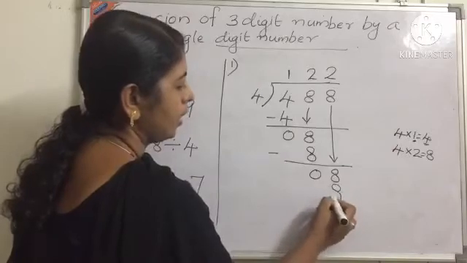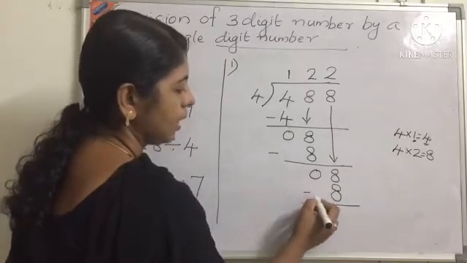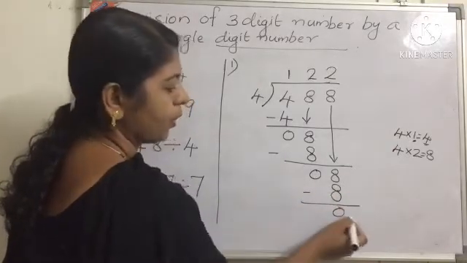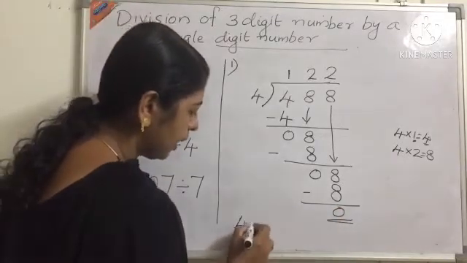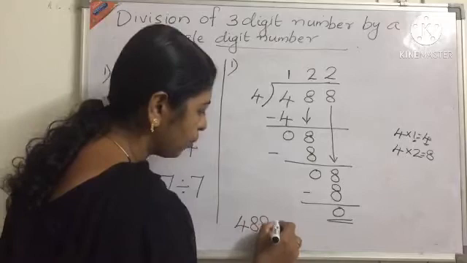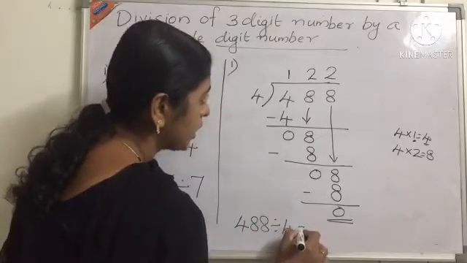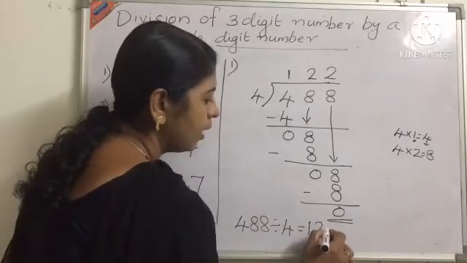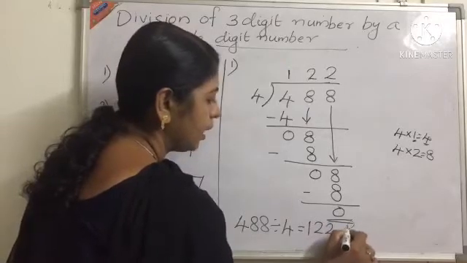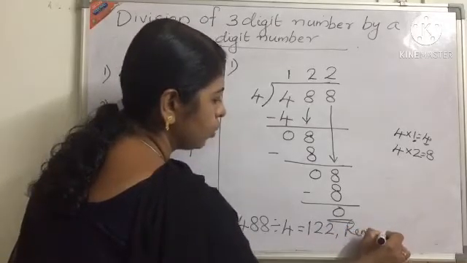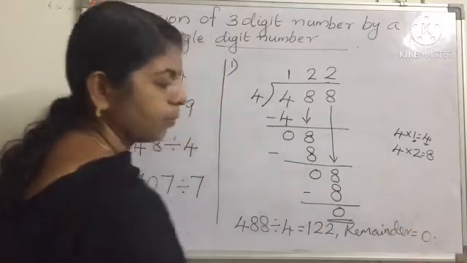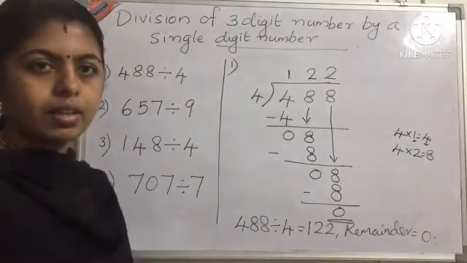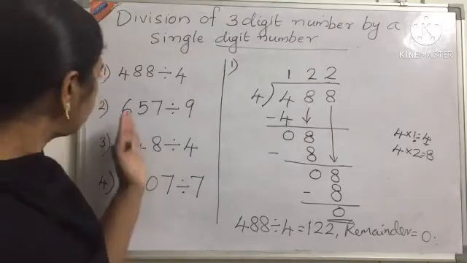Then again subtraction, it's 0. When we divide 488 by 4, we get the quotient 122 and remainder 0. Clear?